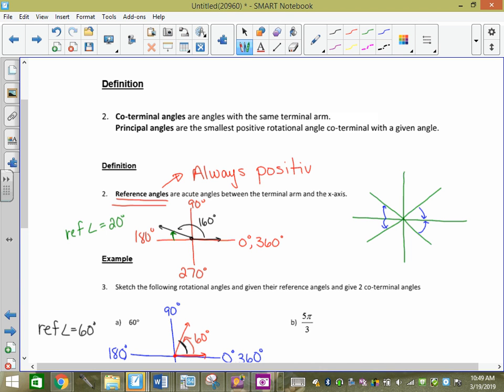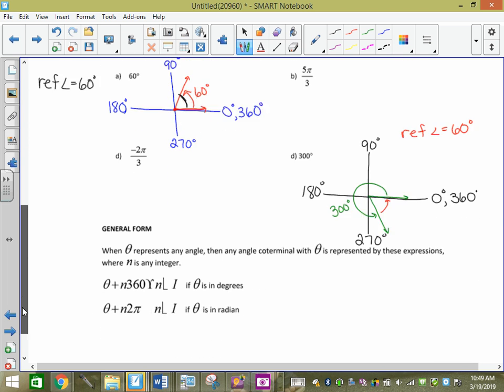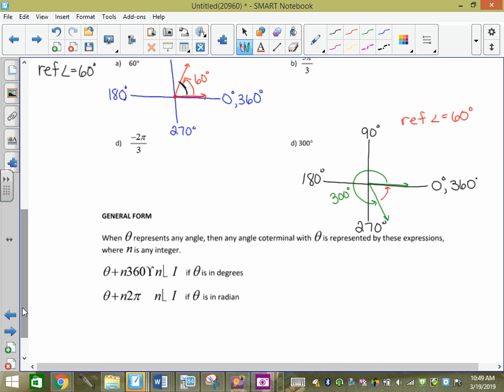You might say, of course it's always positive. Well, where people think it's not positive is if I gave you a negative angle. So say down here, I did negative 135 degrees.